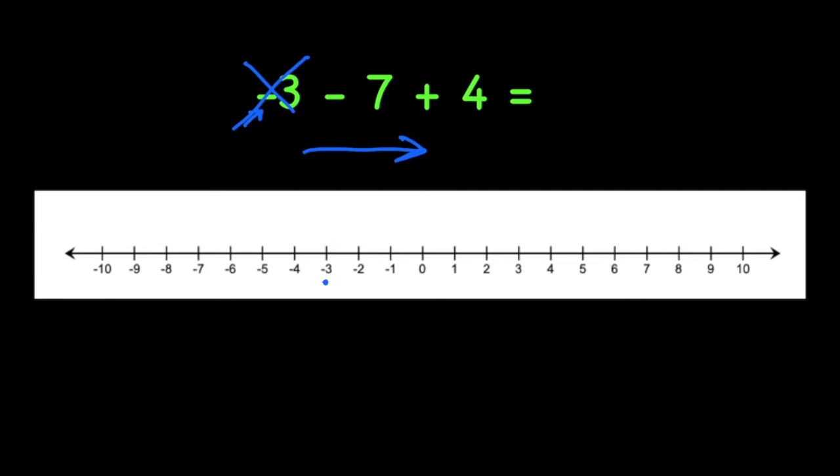That means we're going to be facing to the left, and we're going to move 7 digits to the left, and that is going to put us at -10. We are now at a new location. We forget about this. We look forward only. Next sign is positive. That means we look to the right. We move 4 digits to the right, and we end up at a final location of -6.